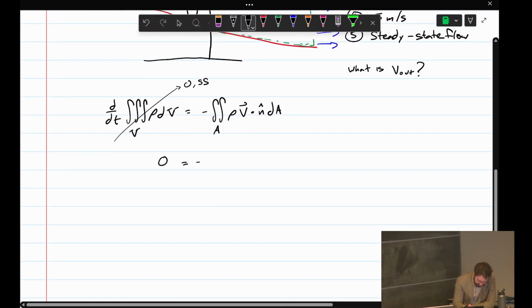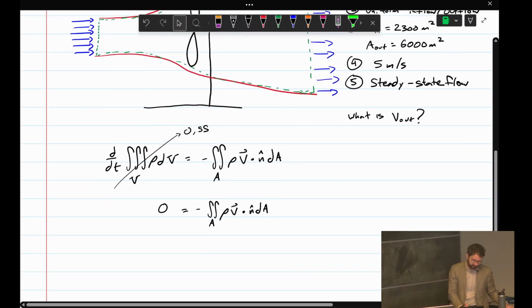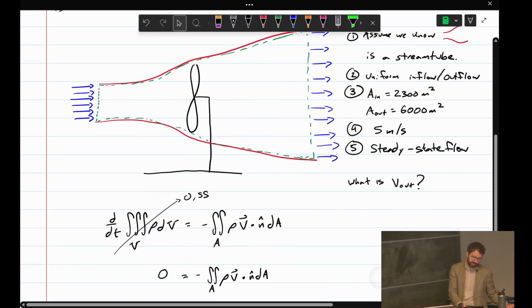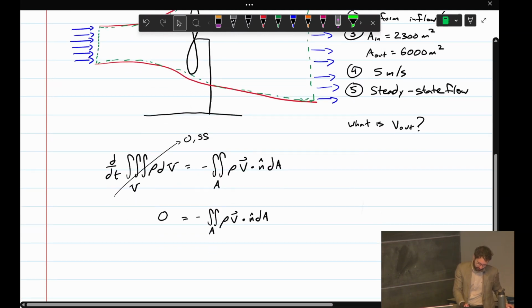So that's 0 equals the negative area integral on the right-hand side. Remember, this area integral is over the entire control volume surface, so the entire green dashed control volume there.